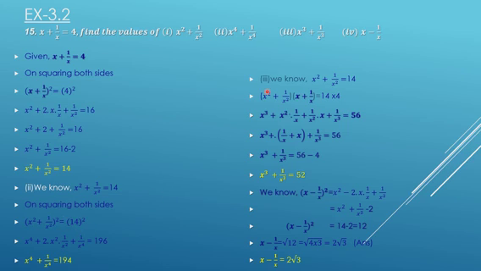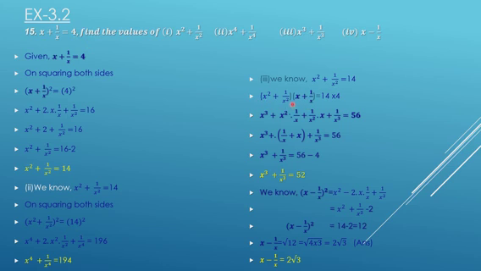Similarly, like I told, you can do for x cube also. You can put x plus 1 by x to the power cube. That means cubing on both sides. Or I have done an alternative method. We know the values of x square plus 1 by x square. Can put in here, and the question they have already given us x plus 1 by x. So you can multiply both the equations.